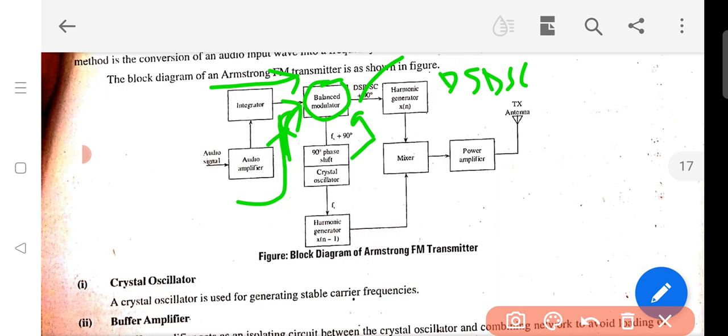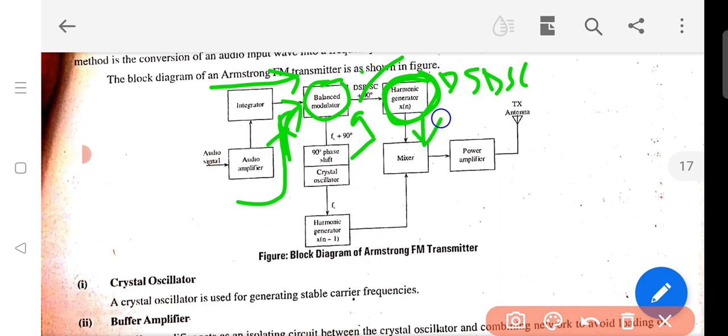The output is simply double sideband suppressed carrier. This is fed to the multiplier section, because up to here NBFM is produced. The harmonic generator, meaning the multiplier section, increases the frequency deviation.